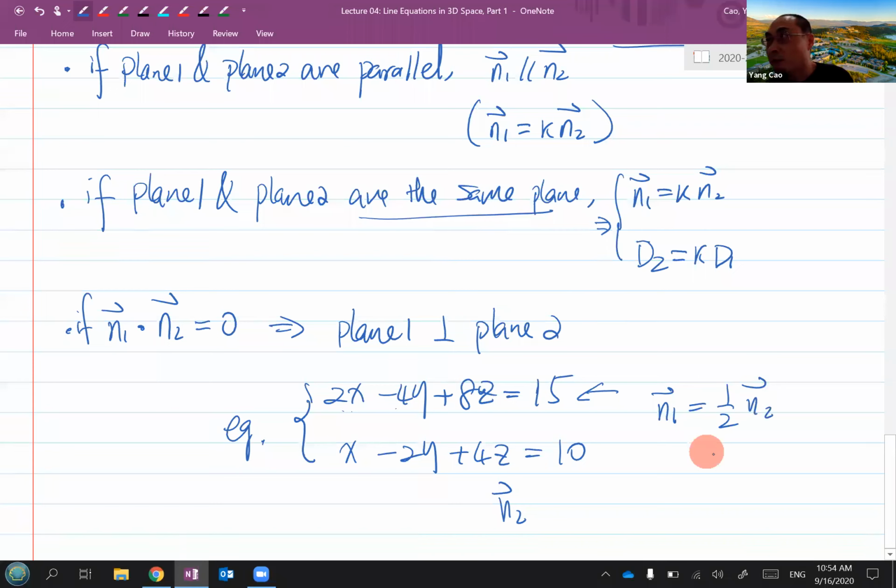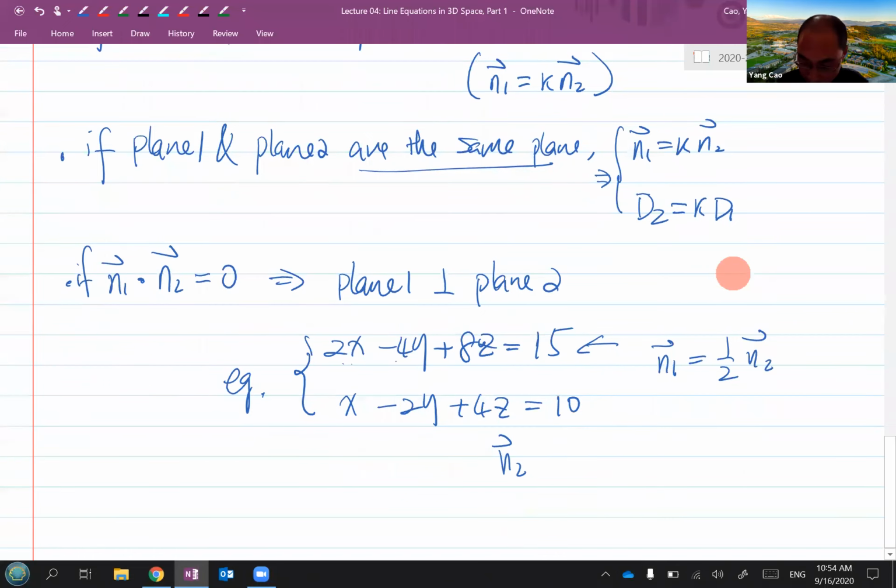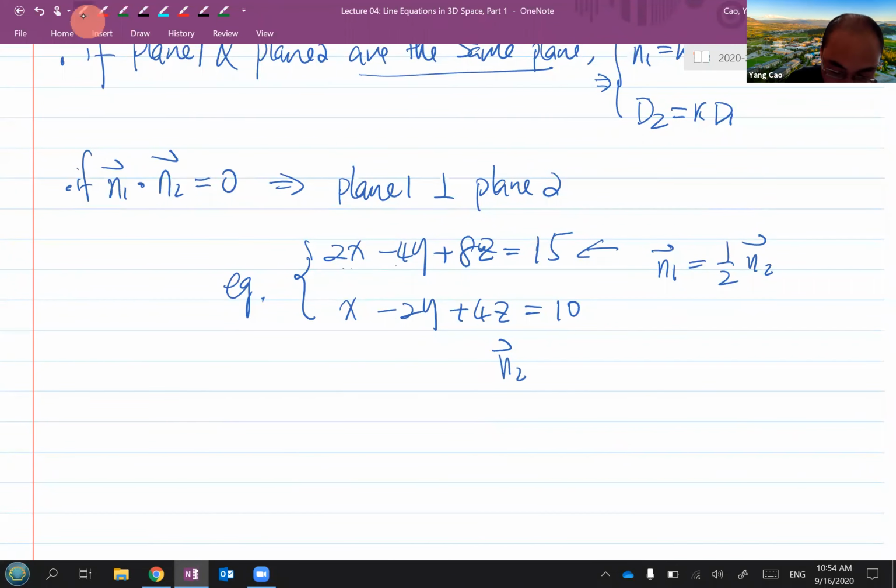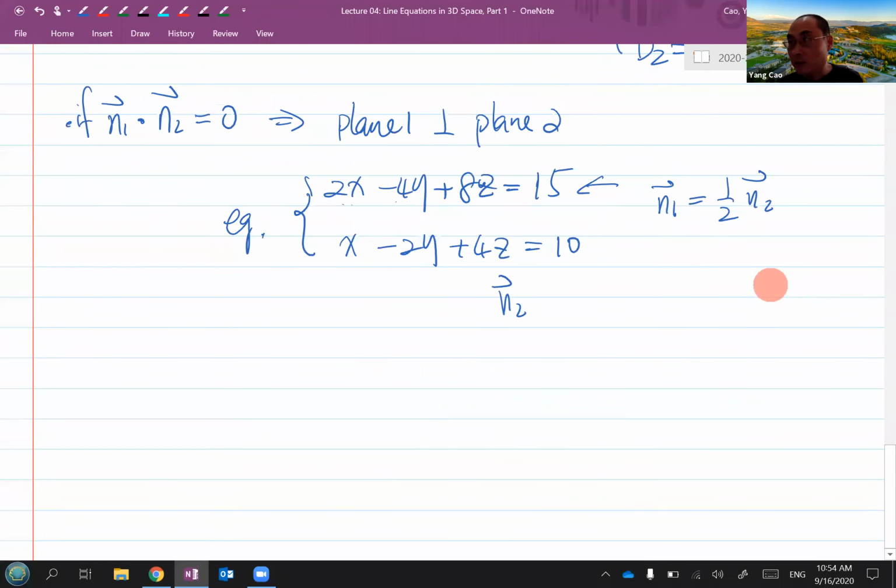Because the D values are not in a 1/2 relationship, they are not the same plane. They are parallel. That's how you can identify it. If I change the D value to 7.5, for example, then these two become the same plane. Excellent. So that's how you can make use of some quick information to identify the geometric relationship.